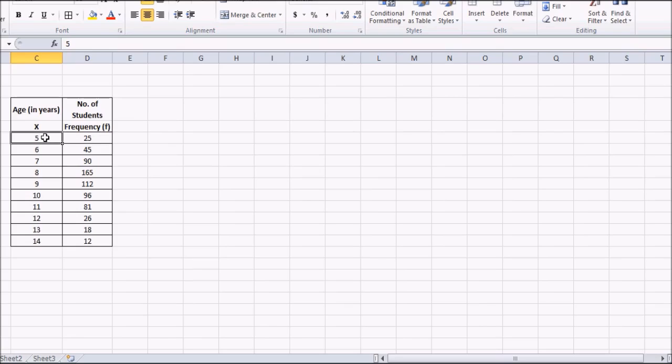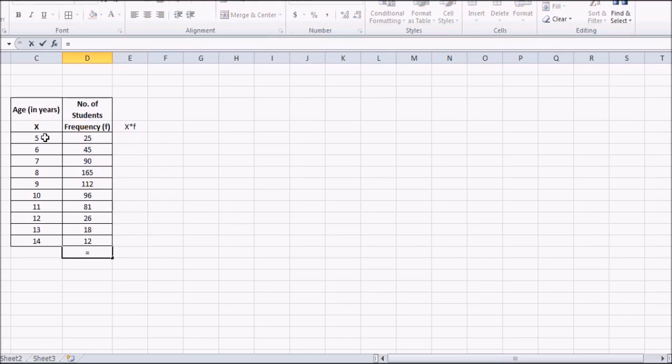In other words, we will have to multiply 5 by 25, and that will give me the sum of the ages of all the 25 students in this category. I'll have to do similar treatment with all the other categories, so I'll have to find the product x multiplied by f, and then of course I'll have to find the sum of the frequency.